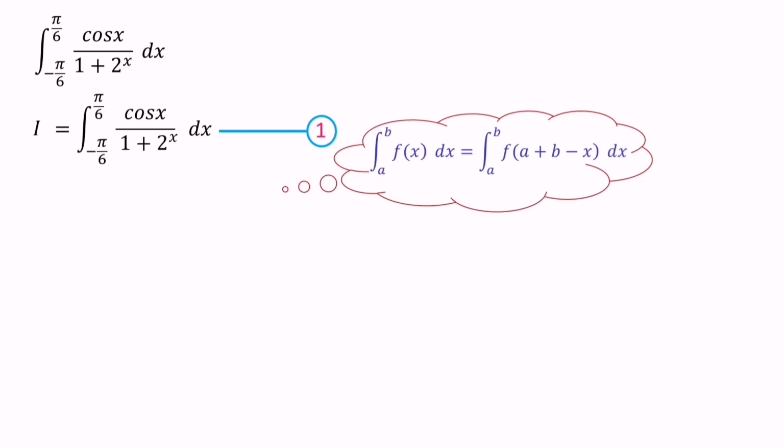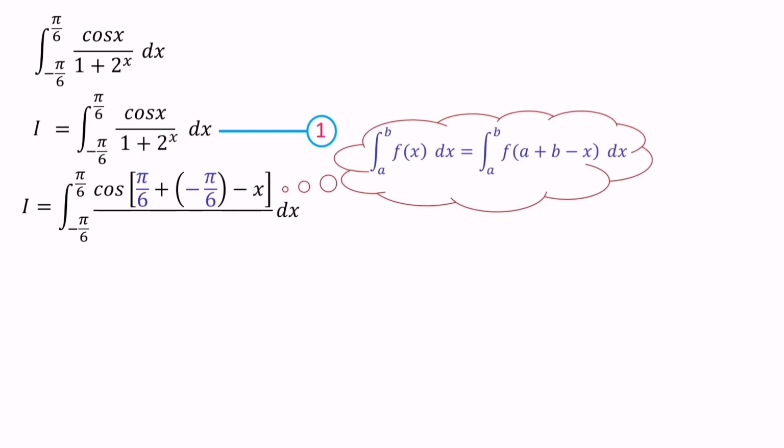Using this equation, we can rewrite the value of capital I as integral from minus pi over 6 to pi over 6, in the numerator cos of (pi over 6 plus minus pi over 6 minus x), over 1 plus 2 to the power of (pi over 6 plus minus pi over 6 minus x).